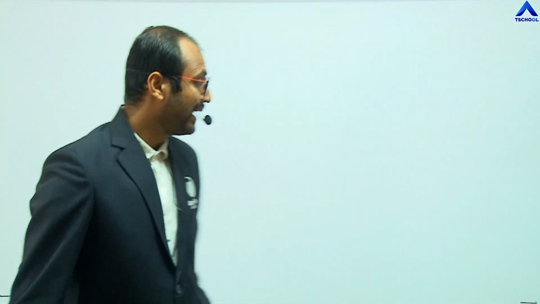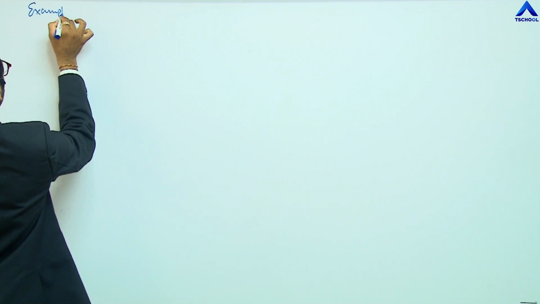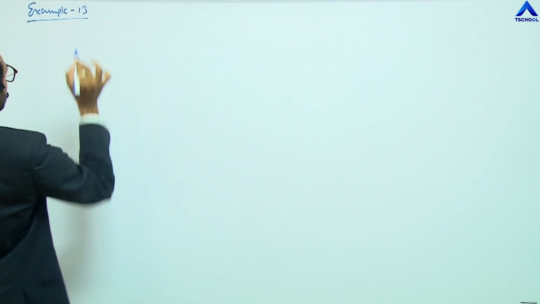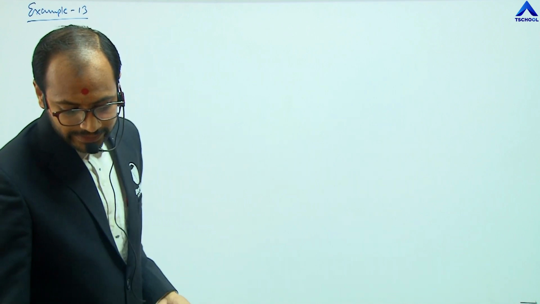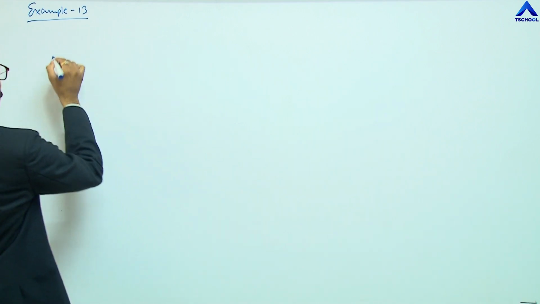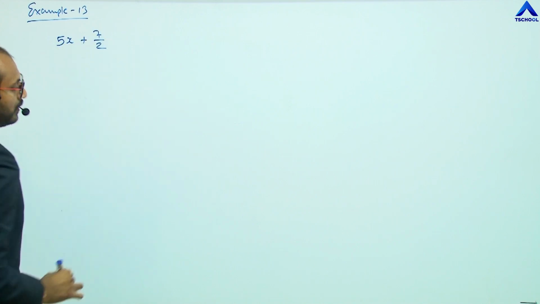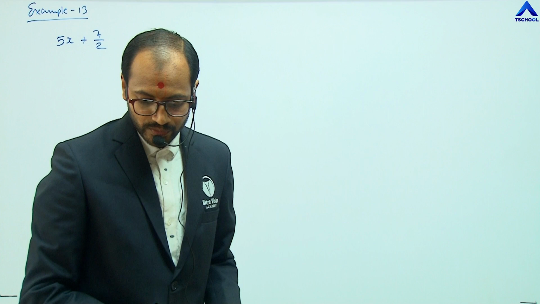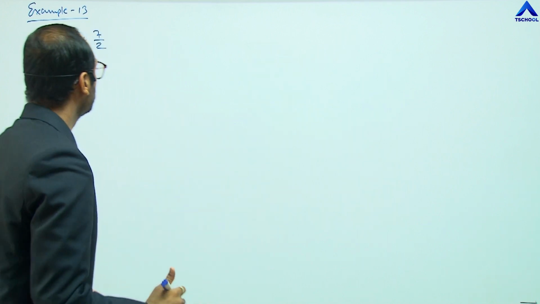Let me move on to the next example, example number 13. Here, solve (5x plus 7) by 2 equals 3 by 2 x minus 14.